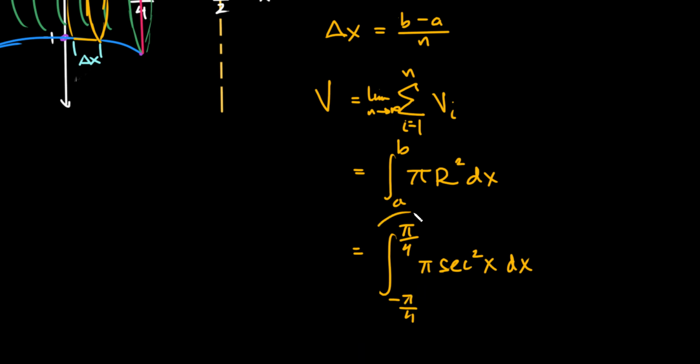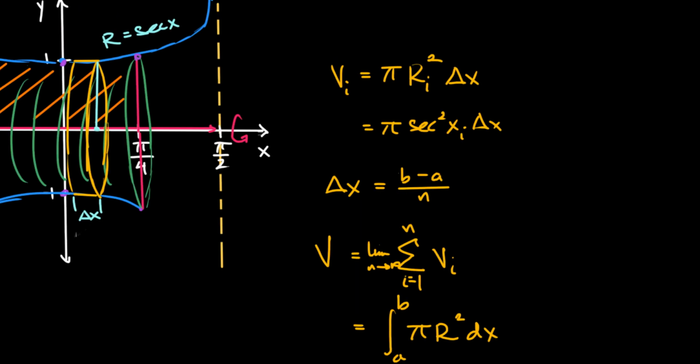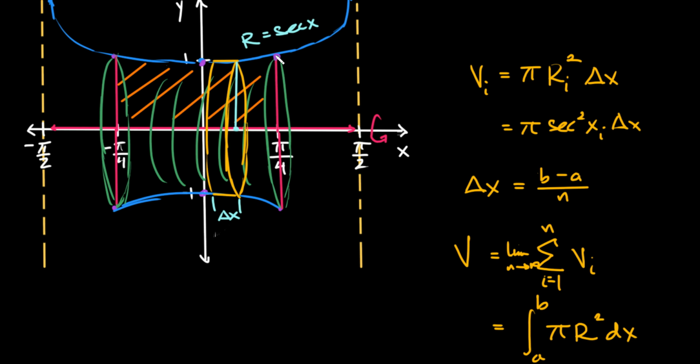We have these boundaries that happen to be distributed symmetrically across the y-axis, and our cylindrical solid here is also symmetrically distributed across the y-axis. So whenever you have this kind of perfect symmetry, you can imagine taking the volume of half of this and then multiplying that by 2 to get the entire volume, right?